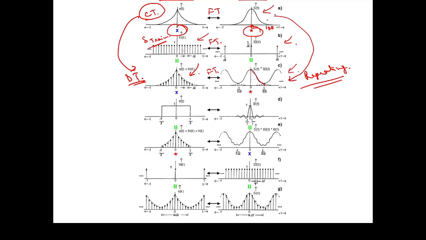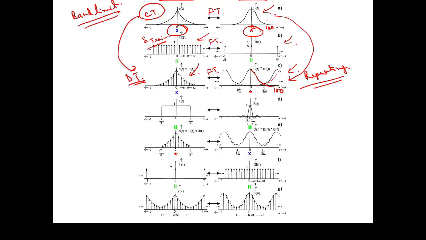The repeating components would overlap with the original ones. So when we are doing the sampling, we have to band limit the signal before going for the sampling.